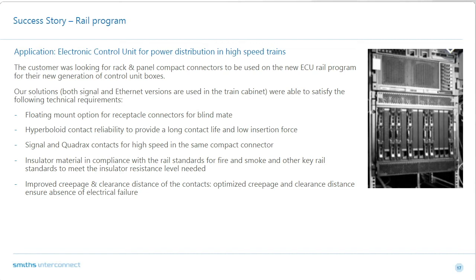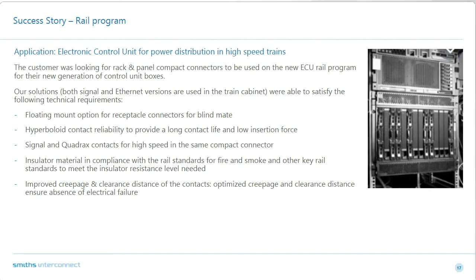For example, a floating mount option for receptacle connectors for blind mating; the hyperboloid contact, whose reliability provides long contact life and low insertion force; and signal and quadrax contacts for high speed in the same compact connector.